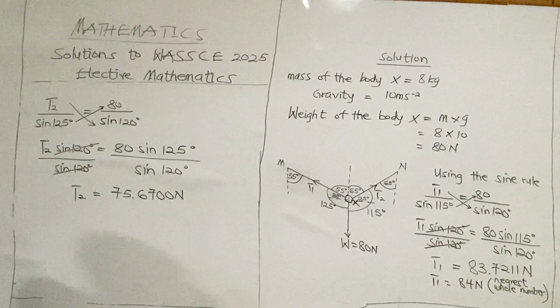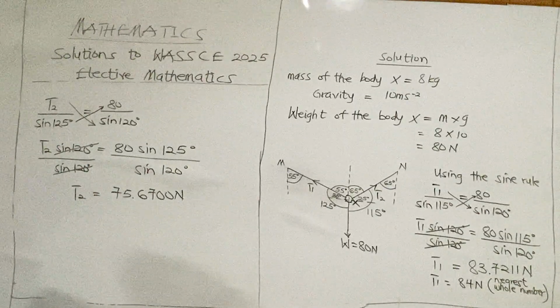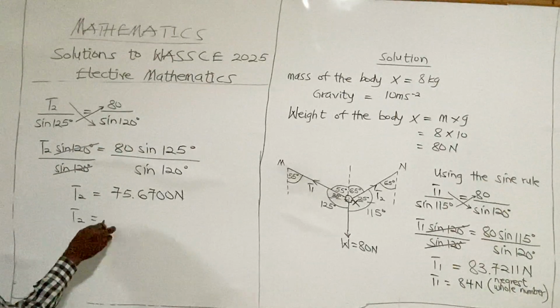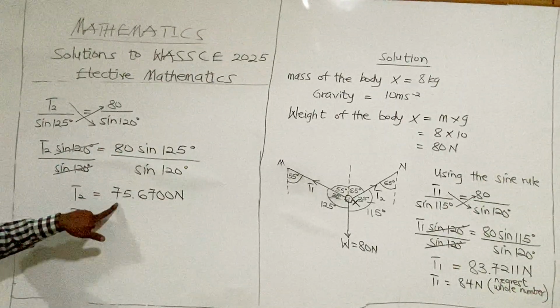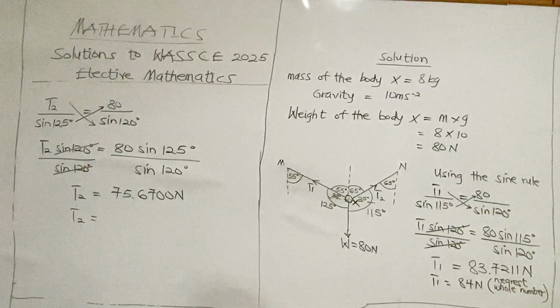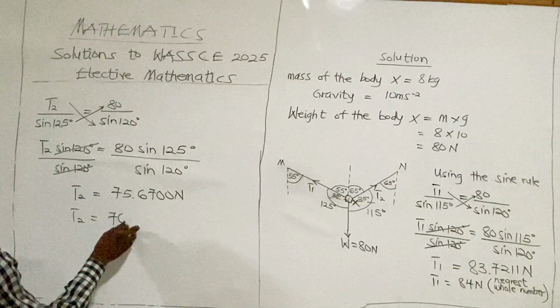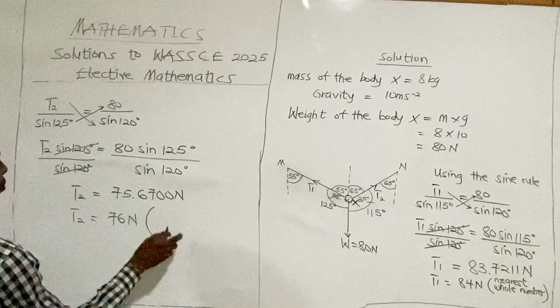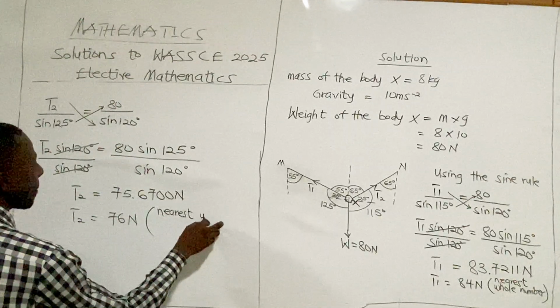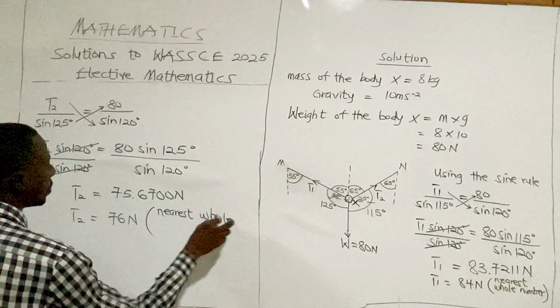And we are still going to correct to the nearest whole number. So we have T2 to be equal to, we could see that the whole number is 75, but the number that follows is more than 5. So we add 1, making 76 Newton to the nearest whole.